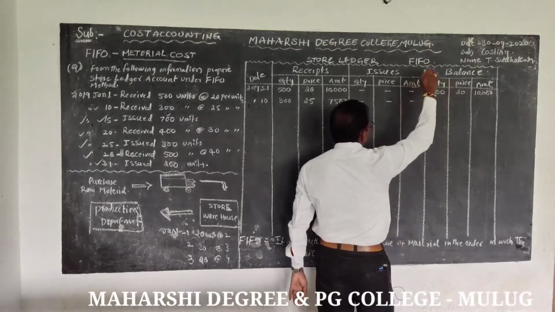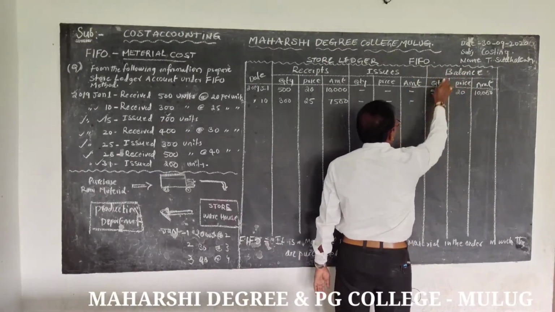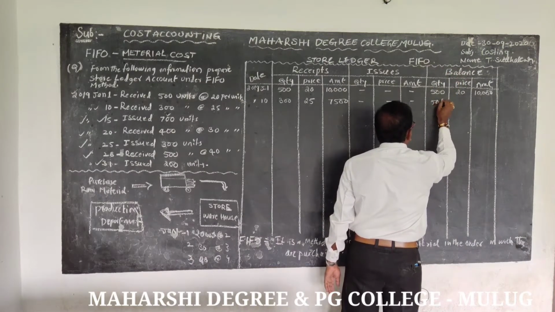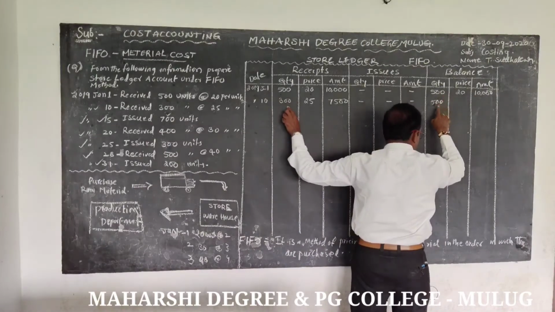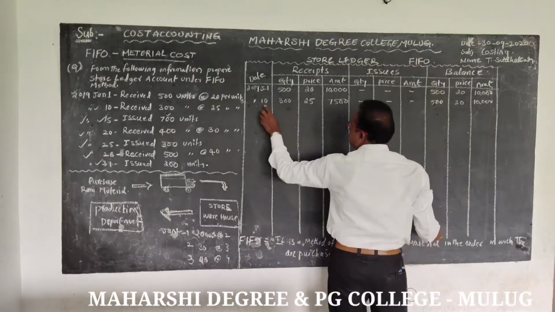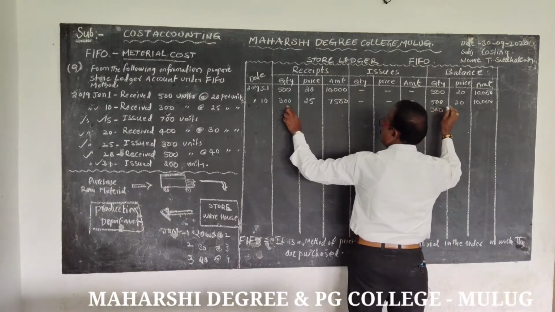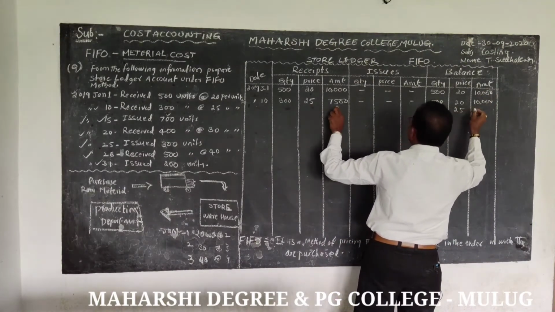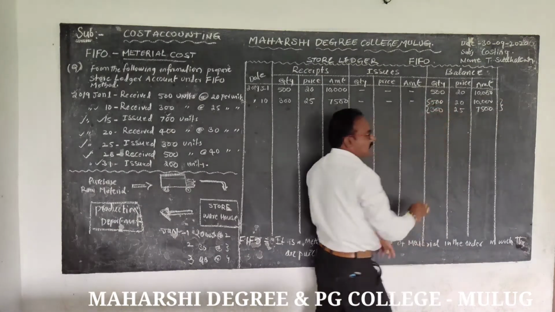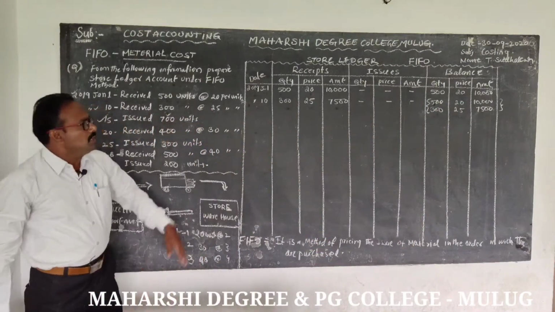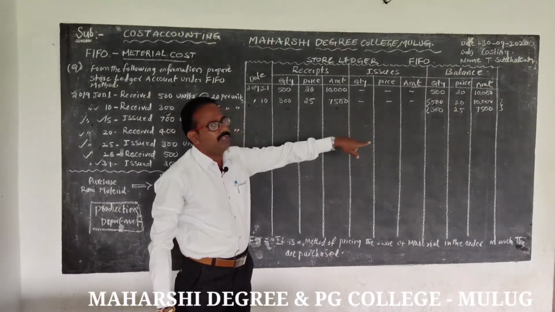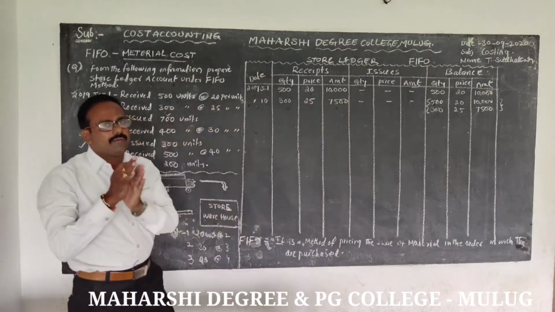So the updated posting in the balance column: first 500 units at 20 rupees, 10,000 rupees, and the second transaction 300 units at 25 rupees, total 7,500 rupees. So two lots, 500 units at 20 rupees and 300 units at 25 rupees, are available in the store.